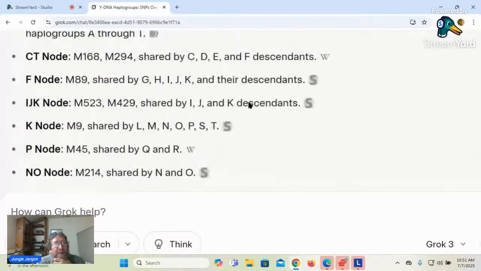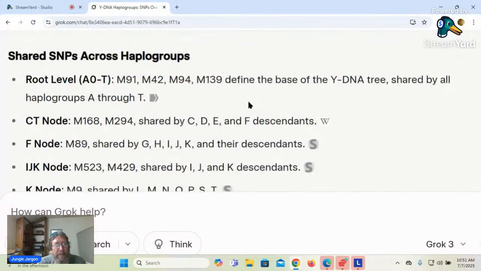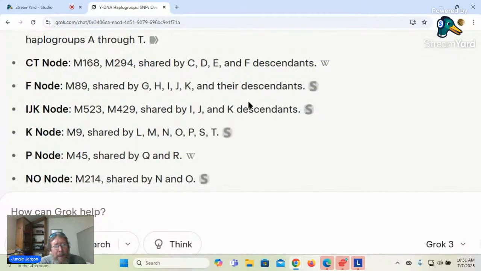It's probably when I asked for all the SNP markers. Okay, here this is probably better. Okay, so the problem being is that the F node with the SNP marker M89 is shared by G, H, I, J, and K.